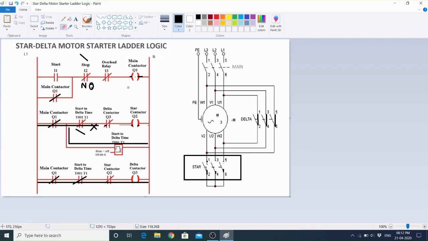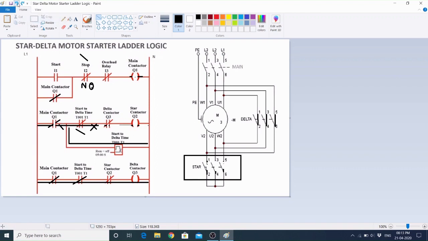Then the main contactor will be de-energized and this one will become again normally open type. So current will not be able to flow through this path. So the whole system will stop. So the motor will not run in that case.